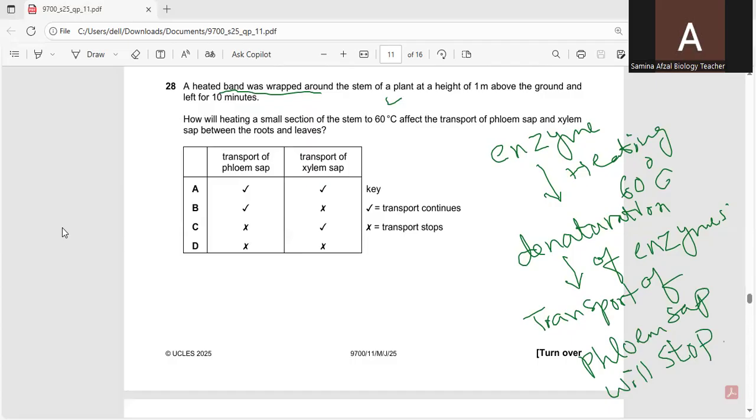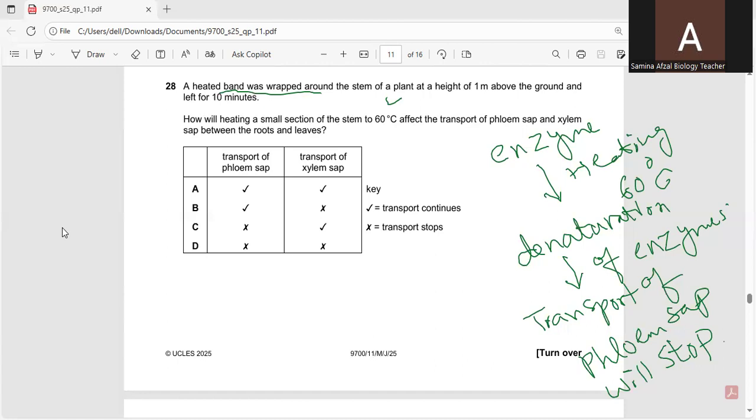It relies on the physical properties of water. There are forces involved in the movement and transportation of the water, and those are the forces of cohesion and adhesion. So there is no need for enzymes over here because it is a very passive process.